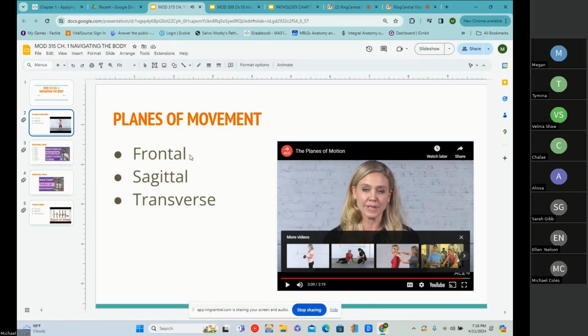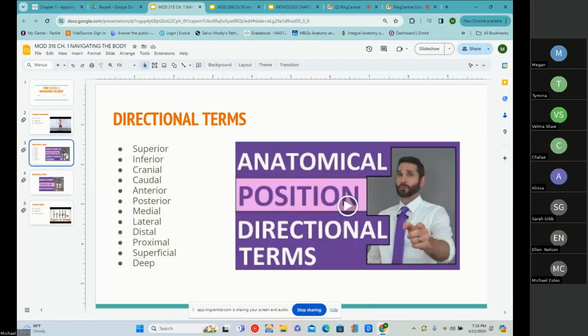Okay, so now we're going into all of the directional terms. Let's say a client comes in and they have some sort of lesion or rash on their back or on their torso.